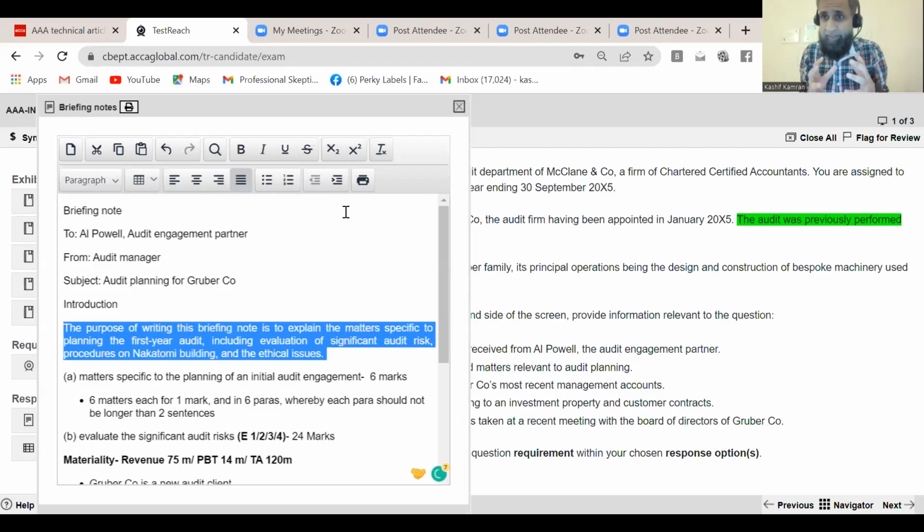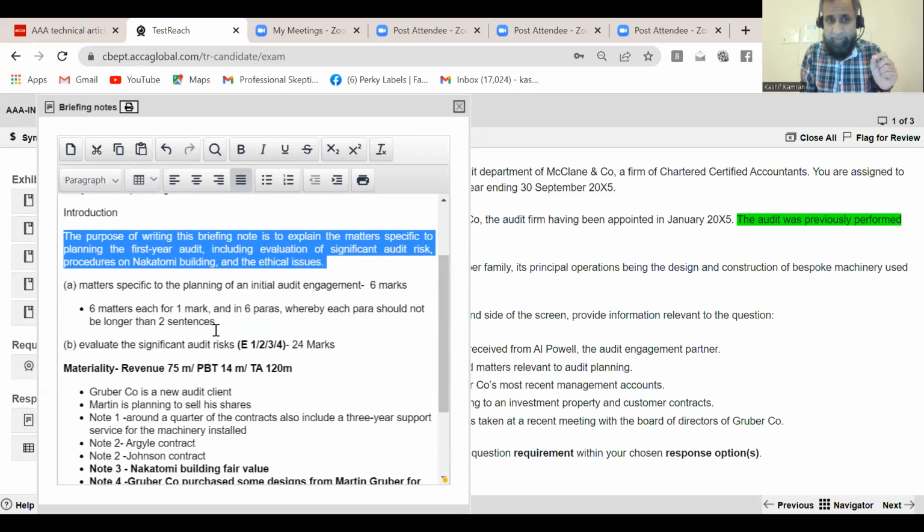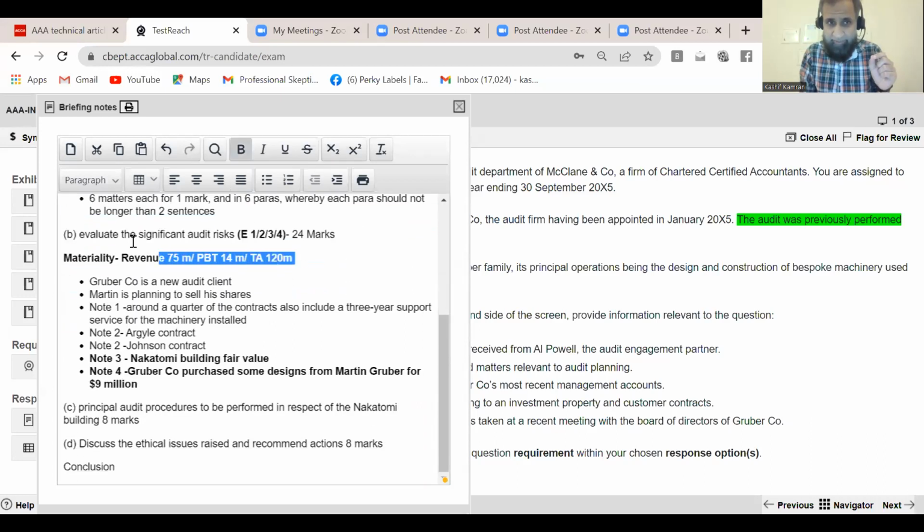Even if you're putting something extra in a briefing note, you can delete it later. But putting it at one place seems better, because controlling the quality of the answer becomes easier. I also put the numbers of materiality right here on my briefing note, because it was very difficult to jump again and again to exhibit number 3.